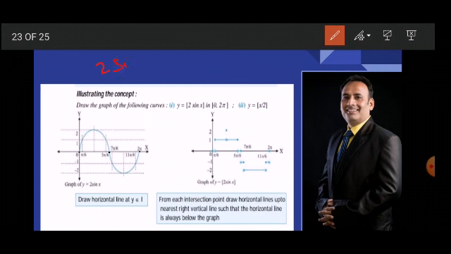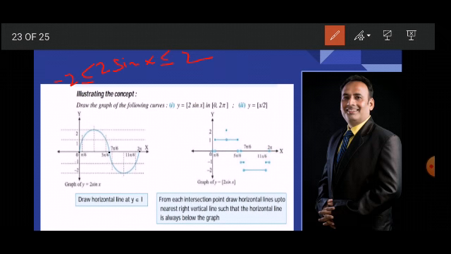2 sin x lies between minus 2 and plus 2, as you know. So the graph is spanned over the y-axis from minus 2 to plus 2. Now between minus 2 and plus 2, as it is oscillating, we have to recognize the points on the y-axis where integer points are there.